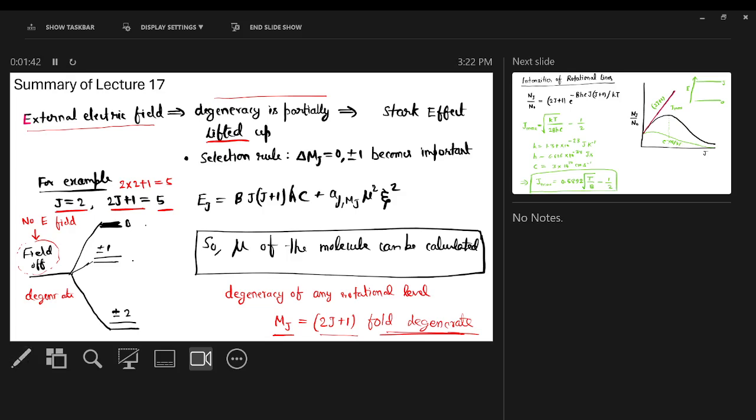But when we apply the electric field, the energy of the plus-minus 1 level or 0 level is lifted, while the energy of plus-minus 2 is decreased from the initial energy value. In this case, the energy of different levels is getting lifted, and this effect we call the Stark effect.